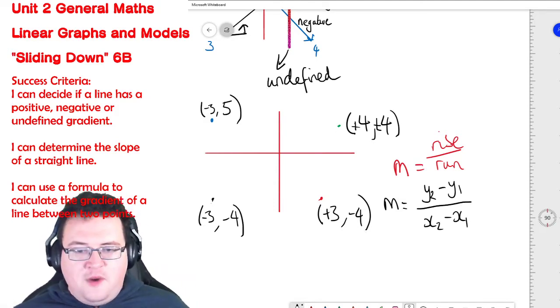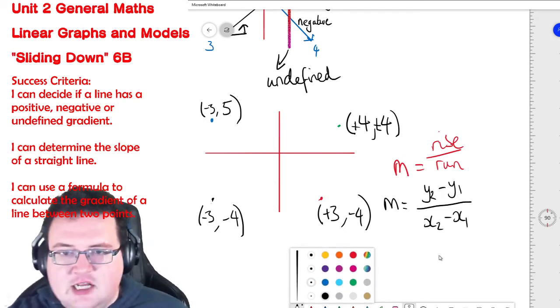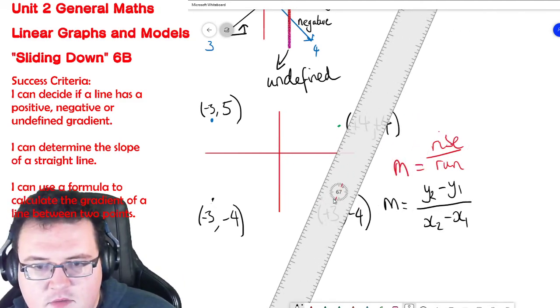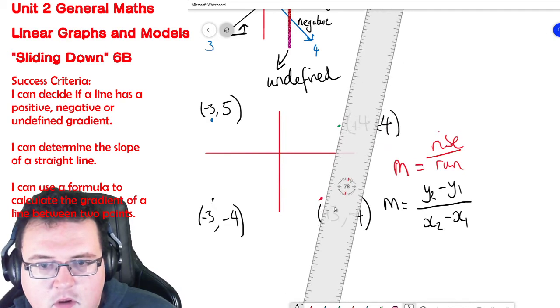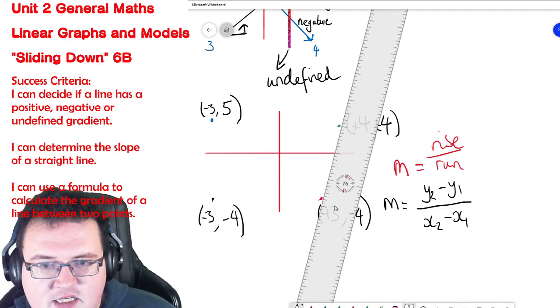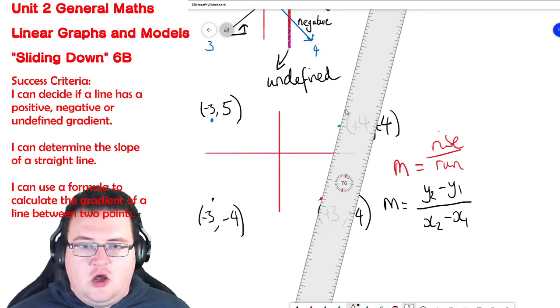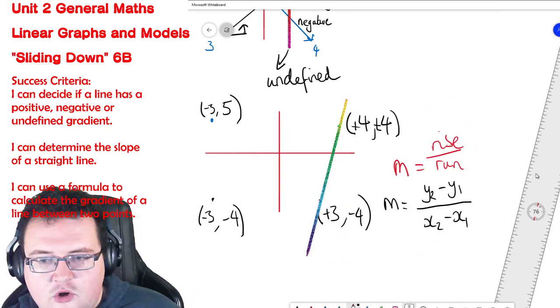Now, for example, let's draw a line on here. Let's connect these two here. So I'm going to put a line through there. I'm going to have my rainbow line. Good old rainbow line.